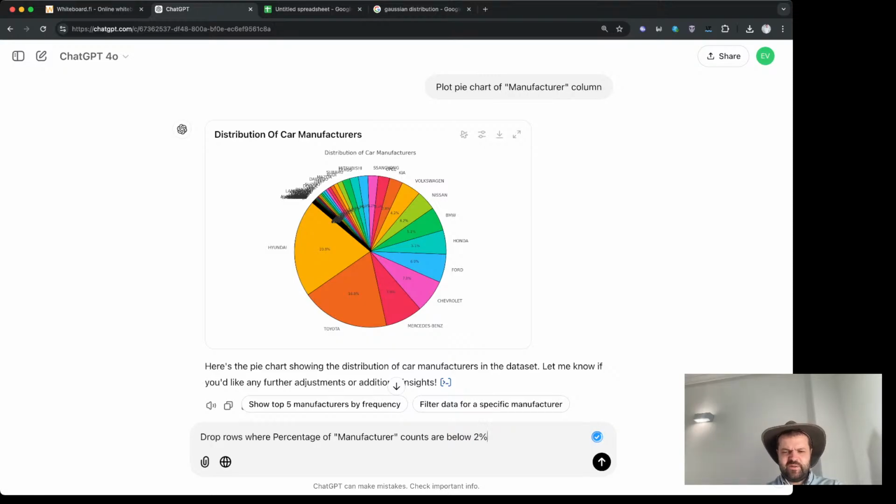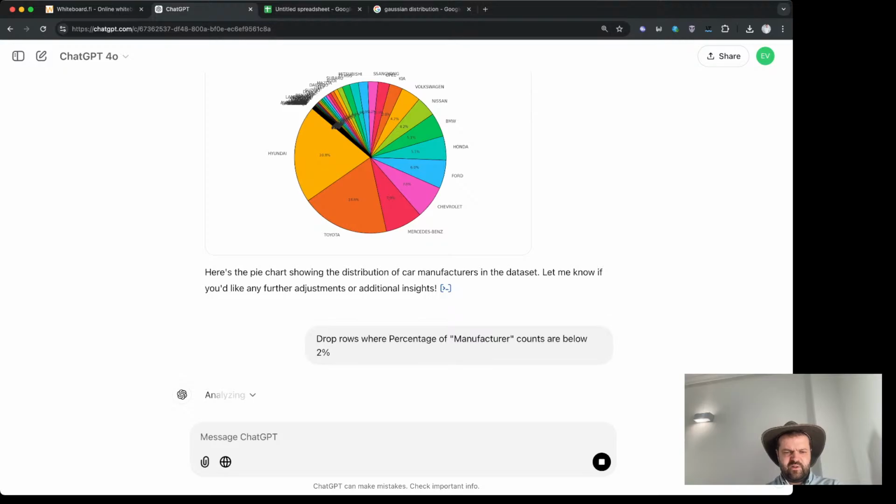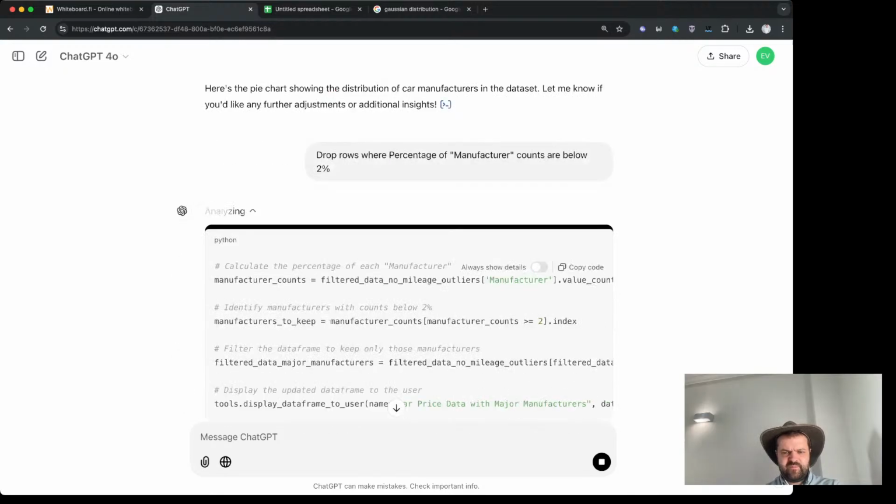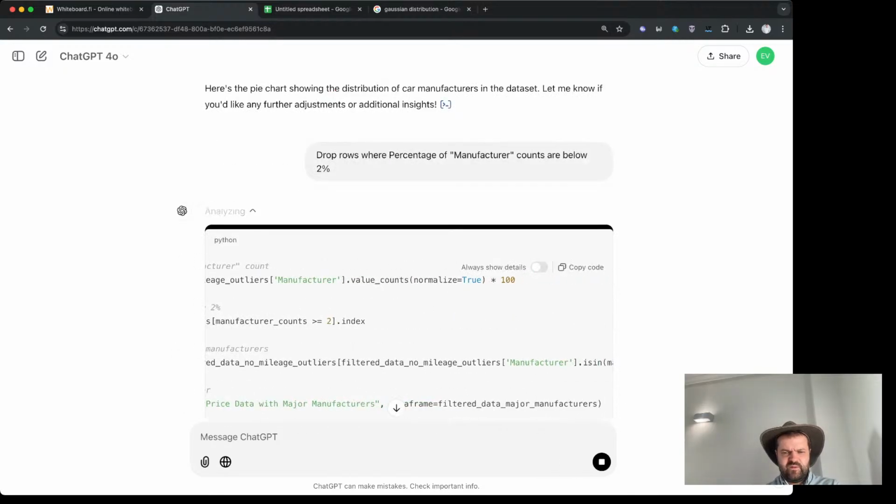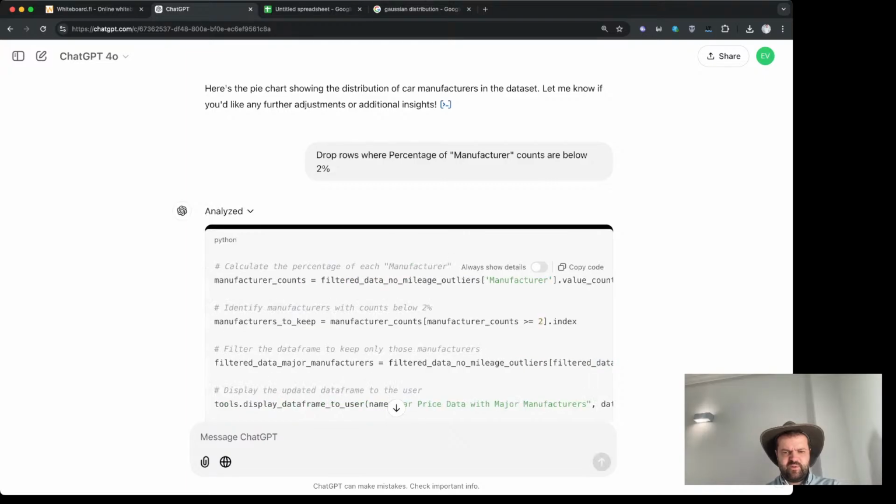Not sure that this is the best way to write it. If it does not work, we'll rephrase it. Need to look at the code a little bit. Okay, it seems about right.